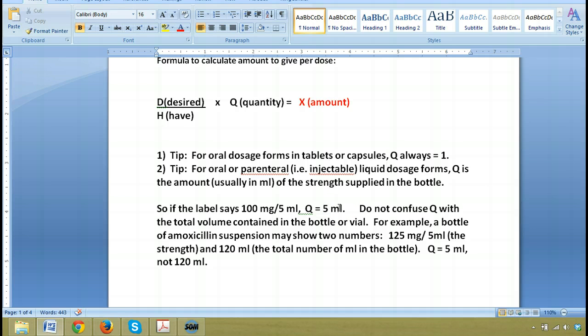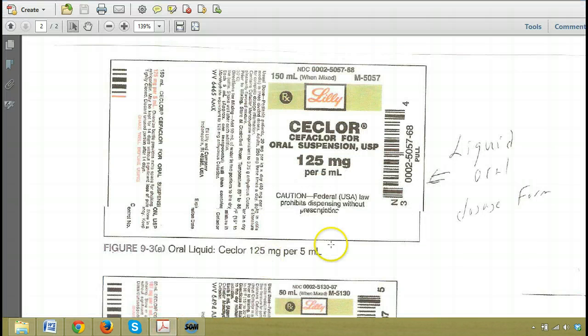Now the reason I say that is I don't want you to confuse this volume with another volume that you'll see on the label. Sometimes the bottle will have the total amount of mLs that are actually in that bottle. Don't confuse that with the mLs that represent the strength of the drug. Let me show you a drug label, for example.